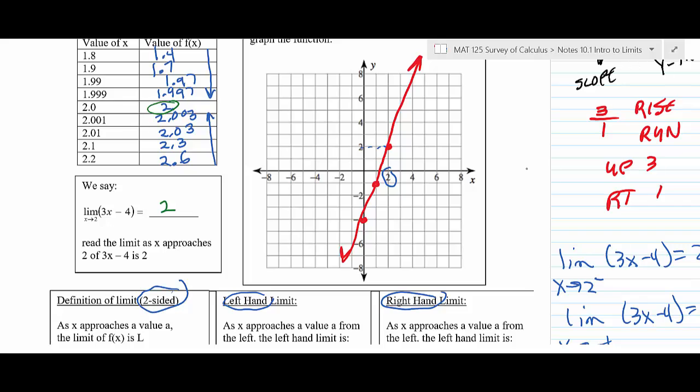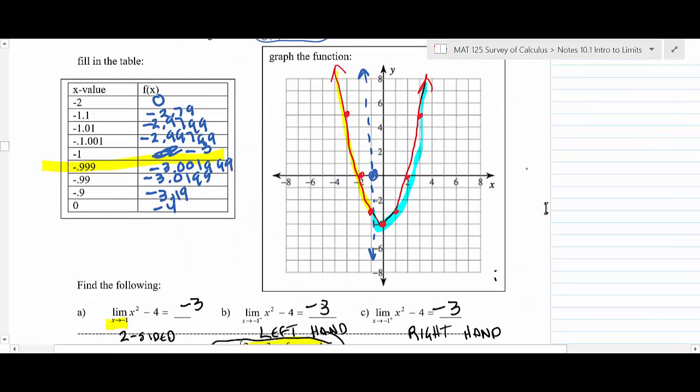If they go to different places, what's the answer? Doesn't exist. So that's the idea. If the left and right-hand limits go to the same place, then that's what the two-sided limit is. That's what happened in this example. From the left and to the right, aren't both going to -3? Mm-hmm. So the two-sided limit is also -3. That's what that theorem says. Does that make any sense to you?